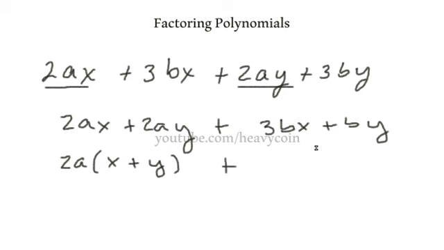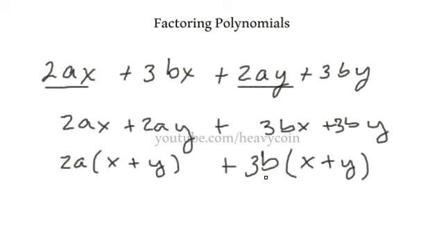And if I were to factor out a b out of the last two, I'd be left with, oh, I forgot to write a 3 right there. We can pull a 3 out and a b, and we're going to be left with x plus y.